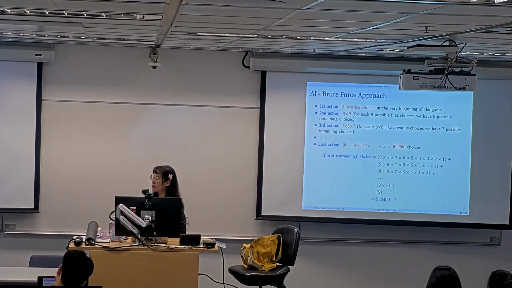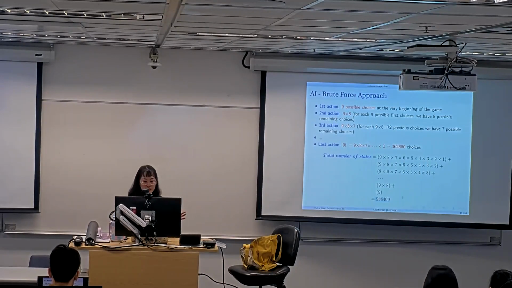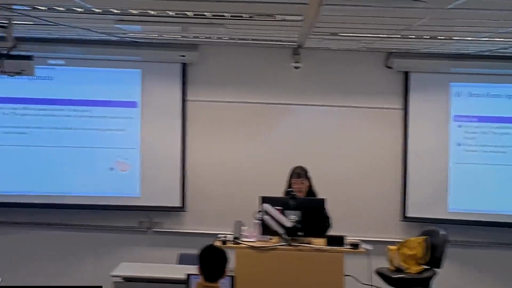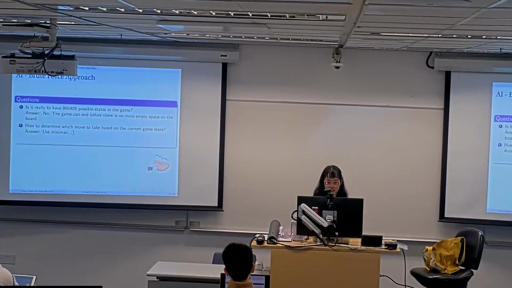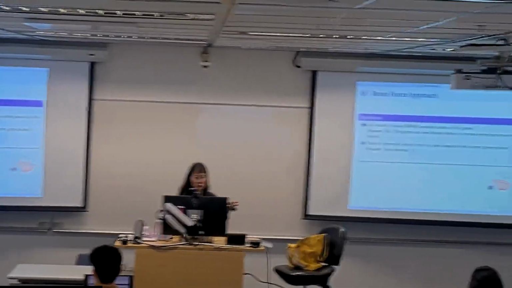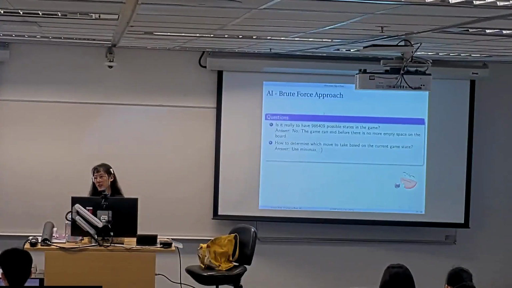This is a very, very big number, right? If you want to enumerate all of the game states, you need so many nodes, so many states. But note that this is just a rough estimation. It is not accurate, because actually we don't need so many states. Some of the states are illegal. Consider that the game can end before there is no more empty space on the board.